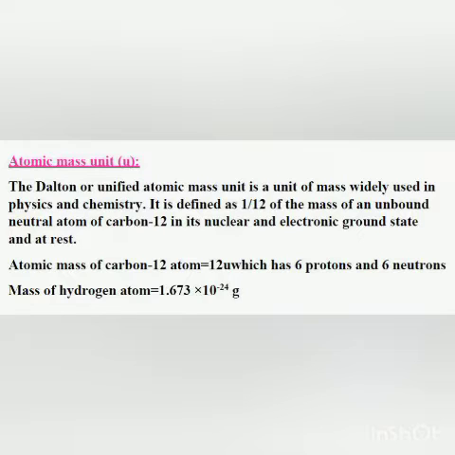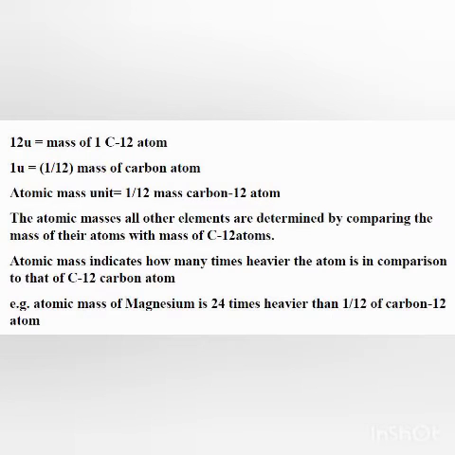The atom of hydrogen has a mass of 1.673 into 10 raised to power minus 24 grams. It is not convenient to use such small and complicated figures in our calculations. Understood? Therefore, it was necessary to define atomic mass in such a way that we get simple figures for them.